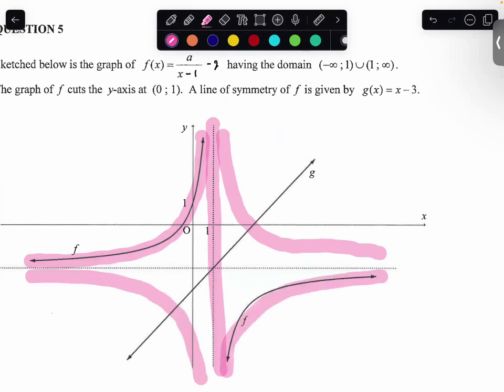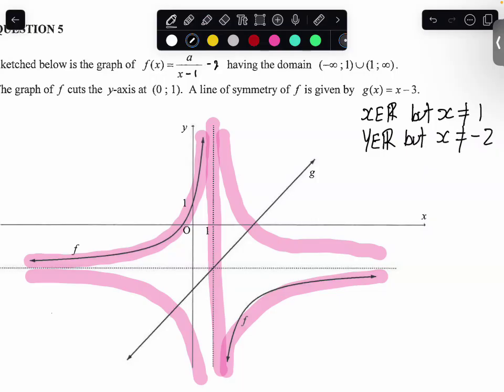And then the domain and range would still be exactly the same. You see the domain is x is an element of real numbers, but x is not equal to the vertical asymptote 1. And the range is y is an element of real numbers, but y is not equal to minus 2. This minus 2, yeah.